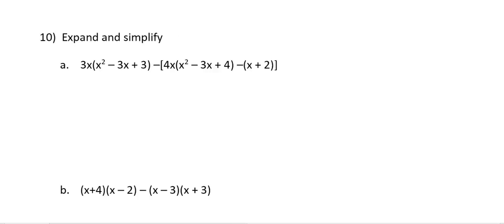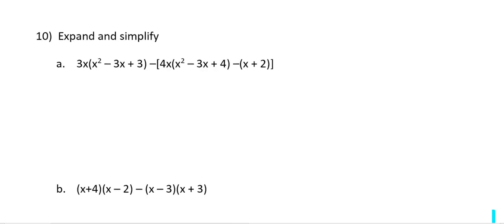Question number 10 here. Alright, so for question number 10, the concepts are still the same. I just feel like the expressions are just getting longer. Okay, so let's take this 3x here and let's just rainbow this right through. Alright, so this will be 3x cubed minus 9x squared plus 9x.